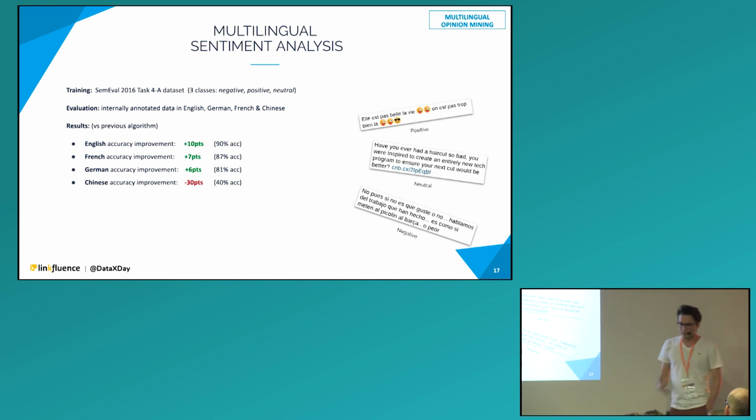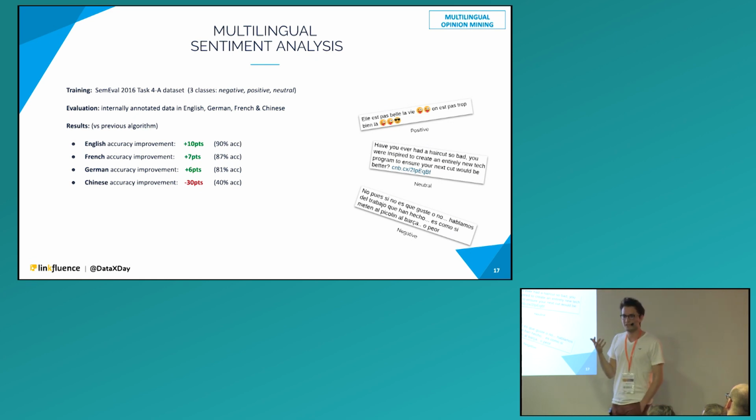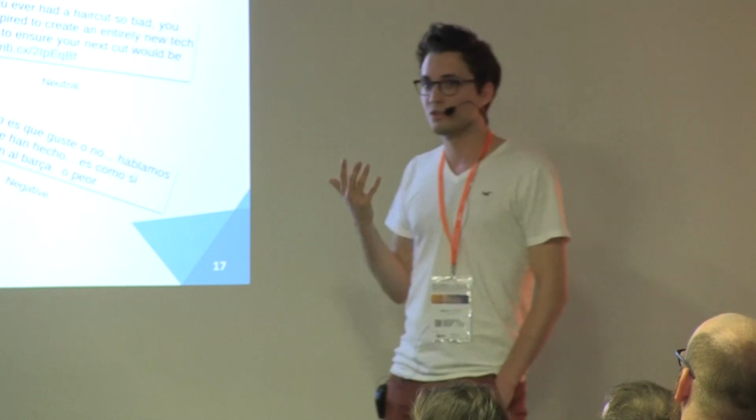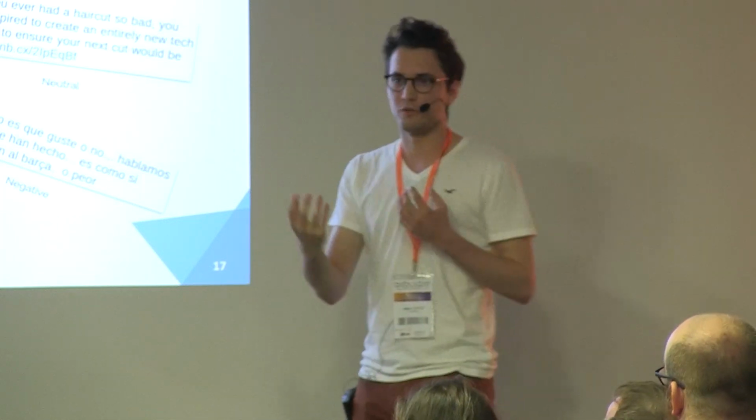And as we didn't have datasets in German and in Chinese, for example, we had to manually annotate data in the company. You can find some other data sets for social media data in French, for example, but we found one that had 4 classes, and the classes were different from ours, so we could not really compare the approach between the different languages.